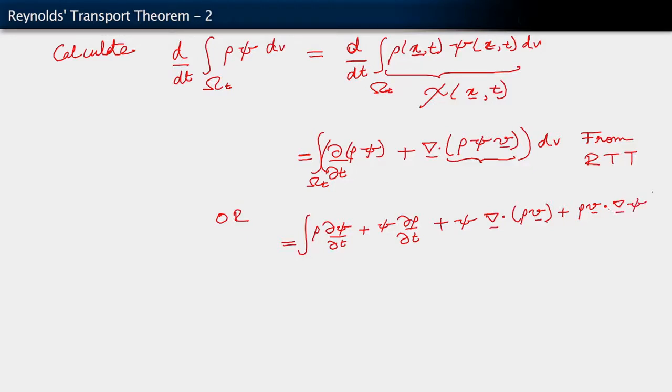Now, I think the first two terms should be fairly clear. Just to show how the third and fourth terms come about, I am going to go into coordinate notation.